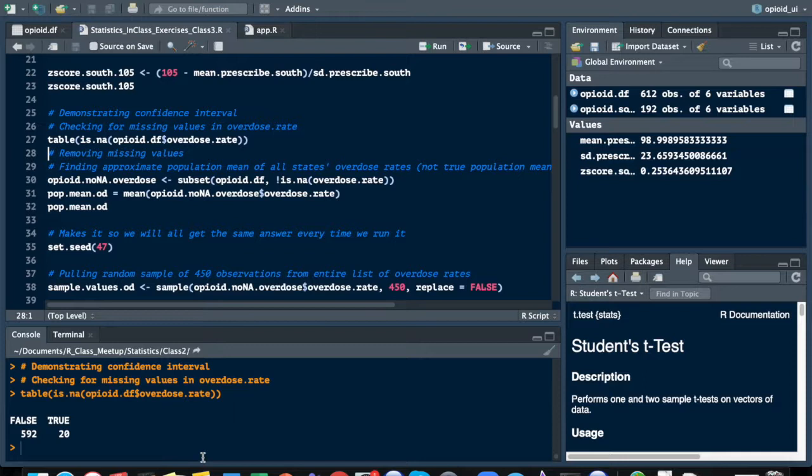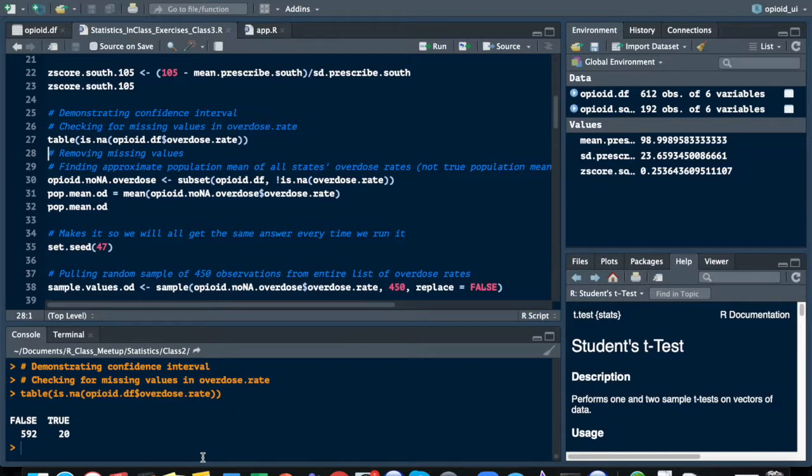The reason for that is some counties are really small, so they can't give a good average for a county that has 15,000 people. Prescribing wouldn't have happened as often, so your error is going to be really, so your confidence interval will be really wide, and they have a cutoff.